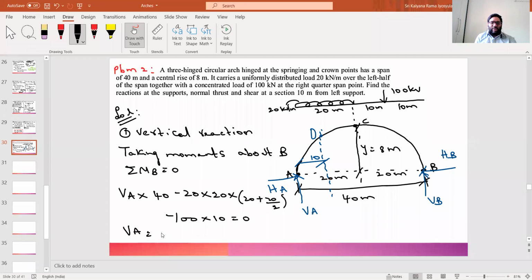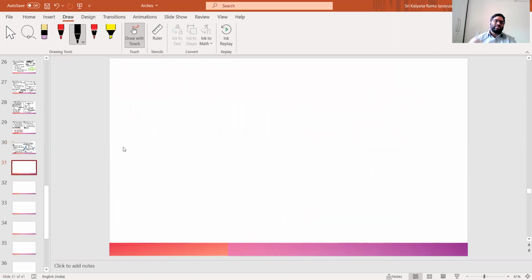So VA is equal to, when we substitute, 20 into 20 into 30 plus 100 into 10, the whole divided by 40. That is equal to 325 kilonewton. So VA is equal to 325 kilonewton.